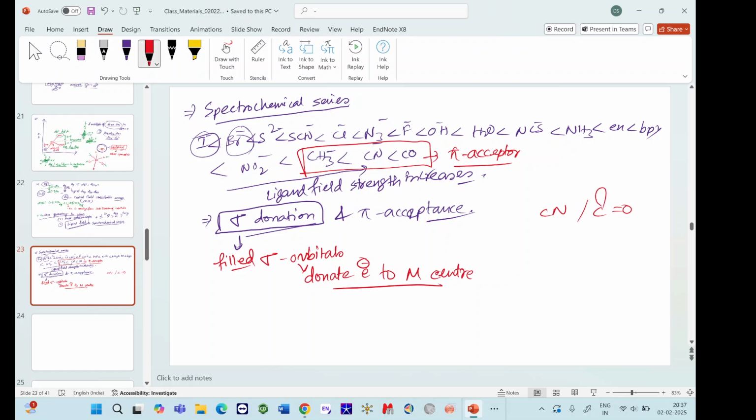You have some vacant orbitals on the carbon that can accept electrons from the metal, and this is also called back donation. And because of this effect, the metal-ligand bond becomes much more stable.